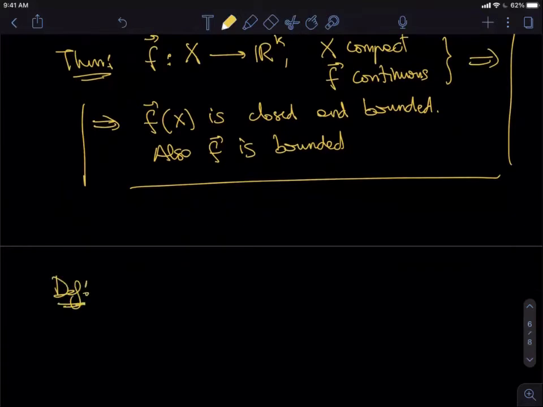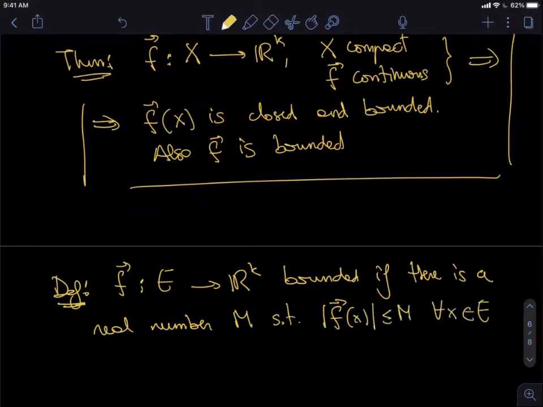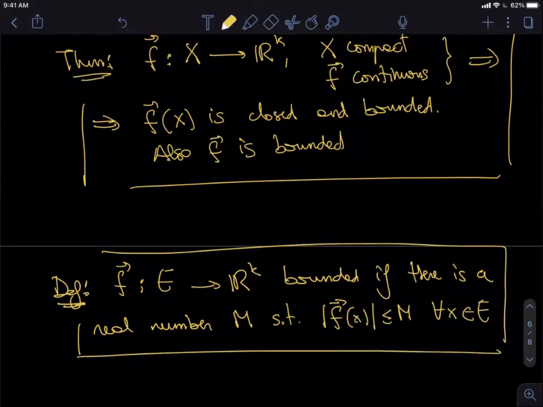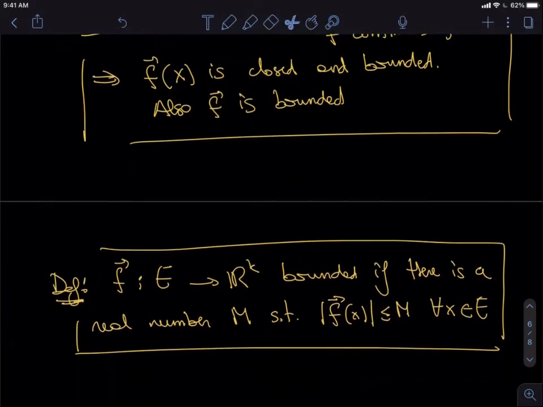A mapping f from E into Rk, where E can be any set, is bounded if there is a real number m such that the modulus of f of x is less than or equal to m for all x in E. So that's the meaning of bounded for the vector mapping f.